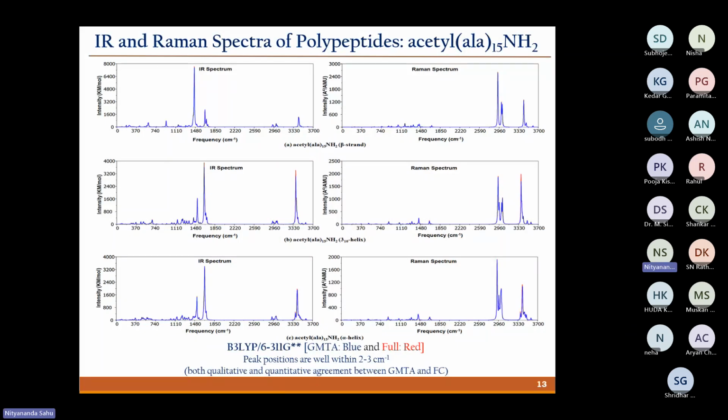In the middle one, the intensities are varying, but the peak positions are well reproduced. So the GMTA spectrum is indistinguishable from the full calculations. That means we can always bypass the full calculations and go with the GMTA, which is accurate and also very cheap to do. And we all can do it in principle.